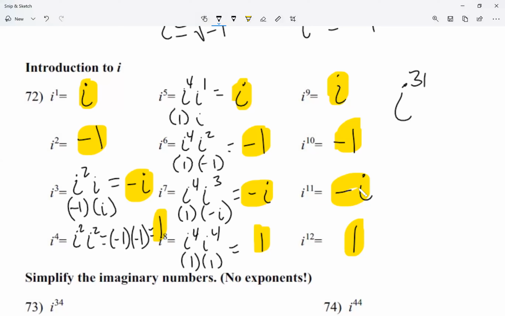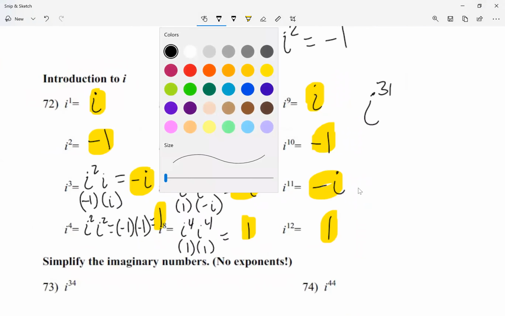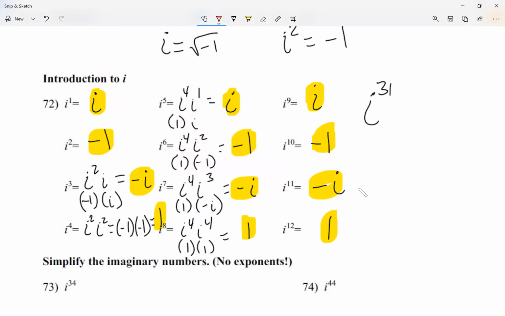What I'm going to do is simplify my exponent. I notice that every fourth exponent, there's a repetition. So I want to subtract from 31 a multiple of 4, like 4, 8, 12. I want to add or subtract a multiple of 4.